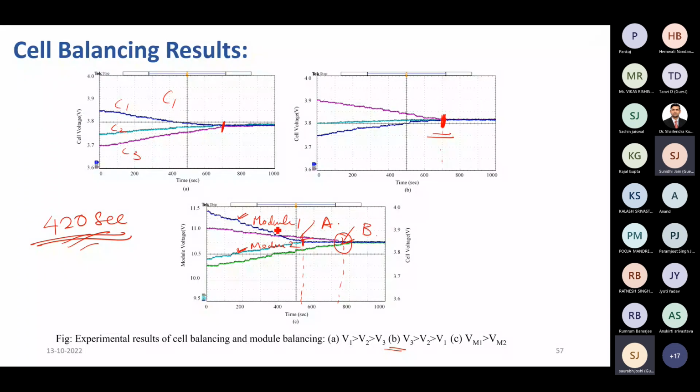Now we are doing it for the module, and further we are going to extend it for the complete pack. If I use it for a battery pack, what will be the configuration that can be used? And this is the third one, which shows module 1 and module 2.